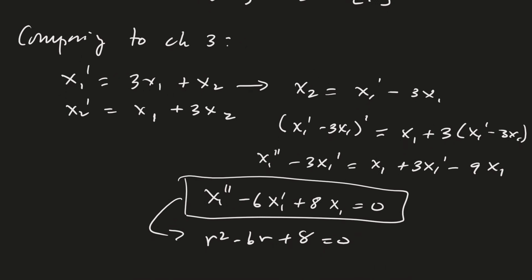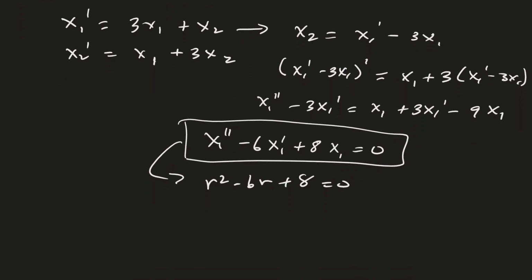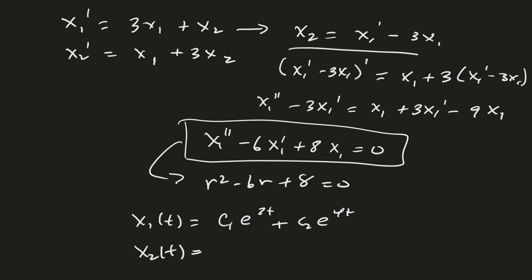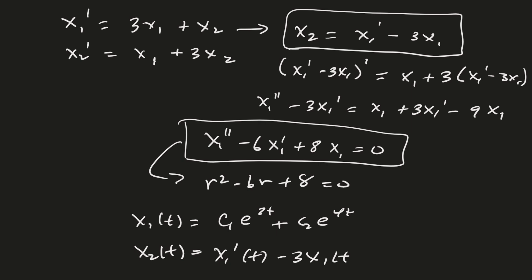So actually, our x1 of t could be written as c1 e to the 2t plus c2 e to the 4t. And then from this, how would I get x2? Well, x2 of t we wrote up here is x1 prime of t minus 3x1. And so you would plug this in to get your x2 of t.